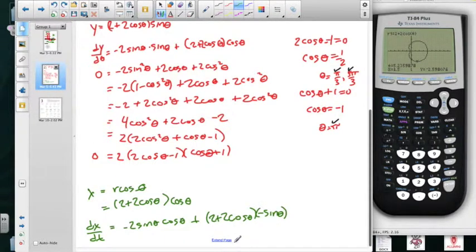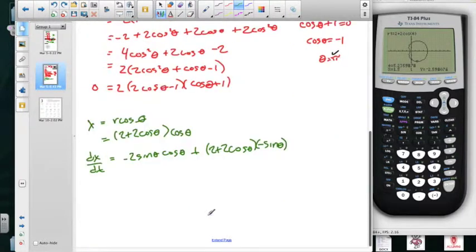When we're looking at that, as we simplify this, we have minus 2 sine theta cosine theta. And then when we distribute, we've got minus 2 sine theta and minus 2 sine theta cosine theta.